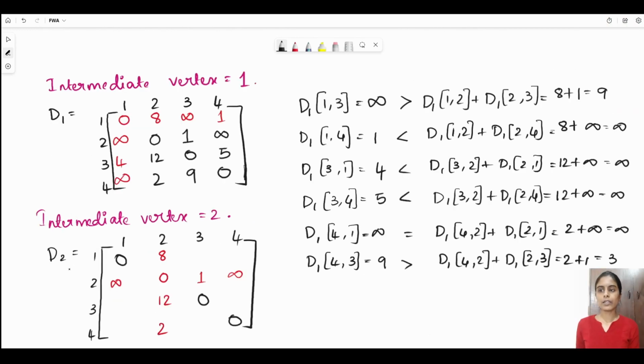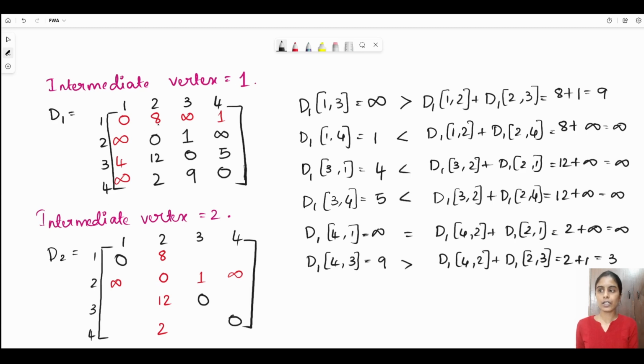Now to obtain the D2 matrix, we need the intermediate vertex as 2. Similar to D1, where the intermediate vertex was 1, we retain column 1 and row 1 entries as it was in the D0 matrix. Similarly, for the D2 matrix also, we will be retaining the column 2 and the row 2 entries as it is in the D1 matrix.